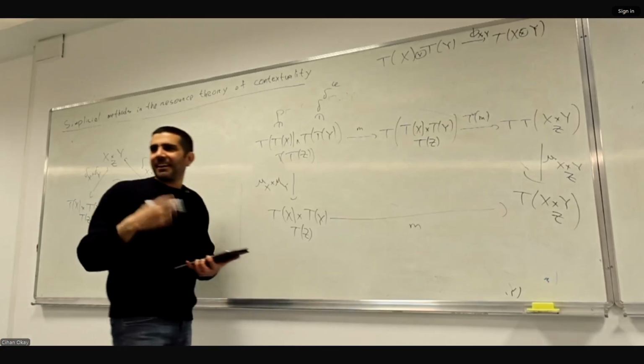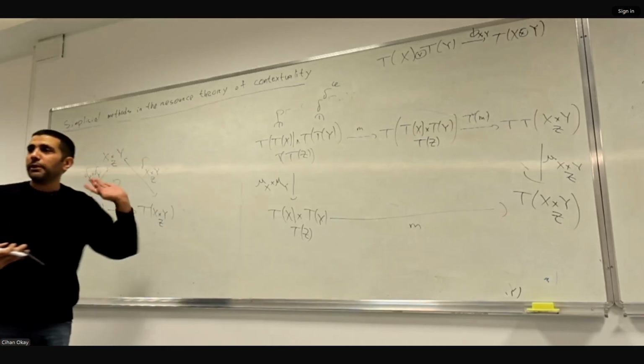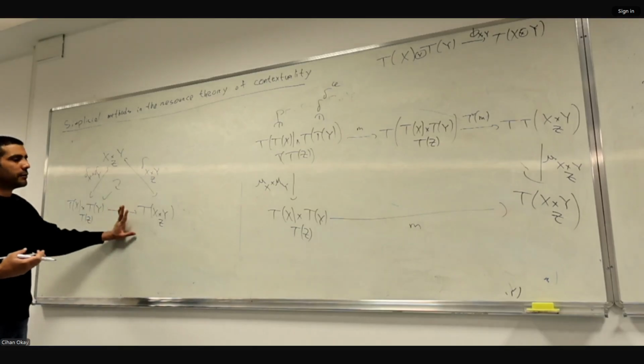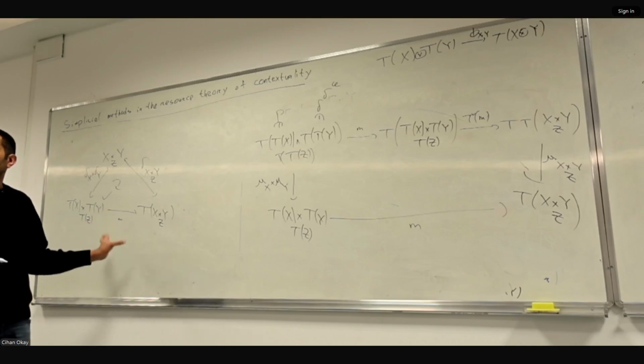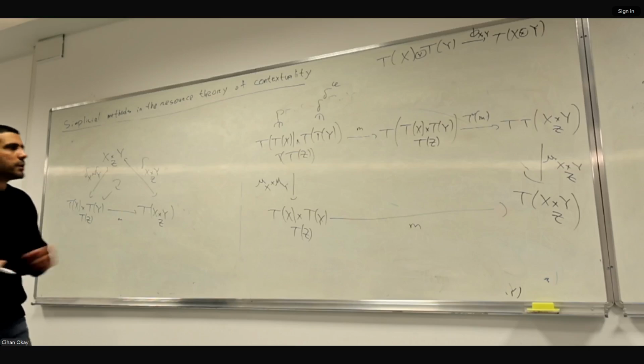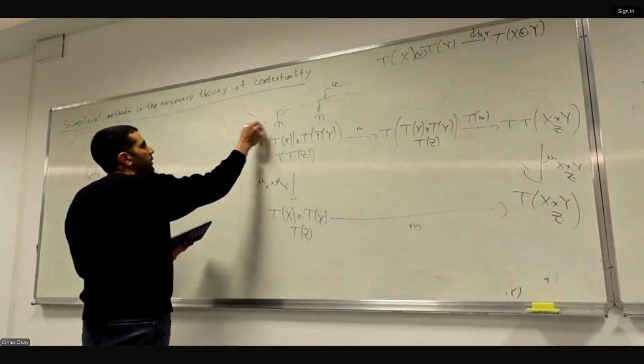We need this, by the way, for our concept exactly to prove. I already erased it, but in order to prove that this is a functor, exactly we need this to commute in some cases, not all.